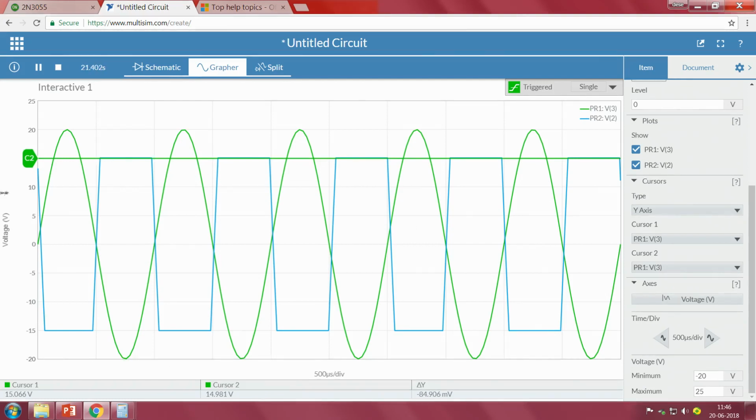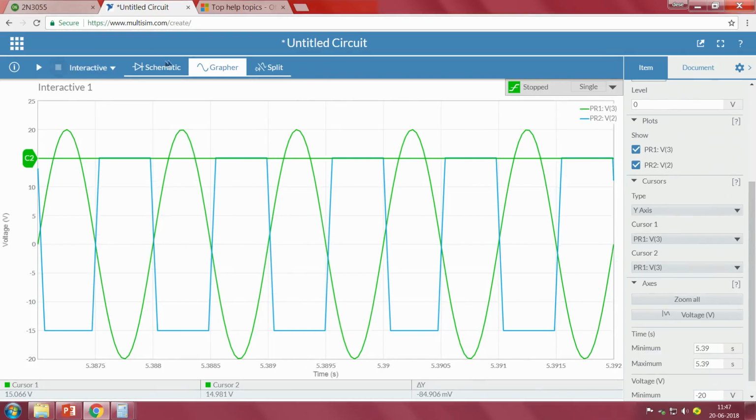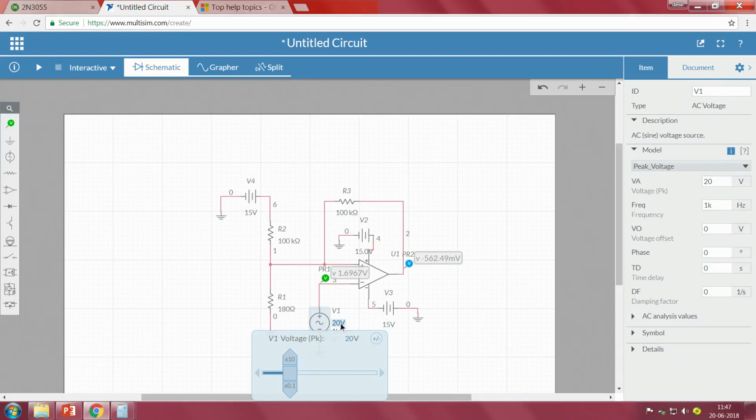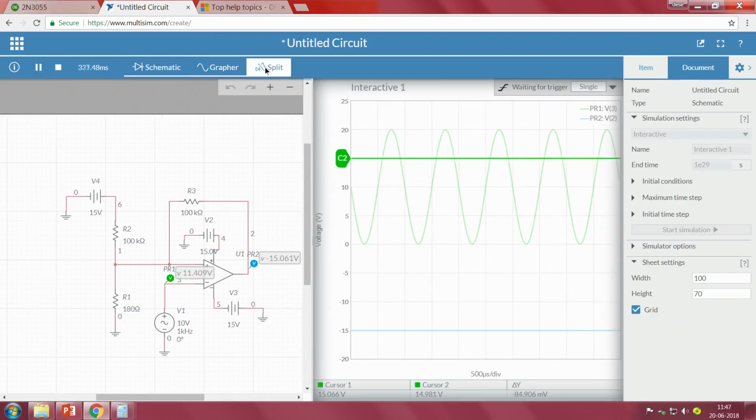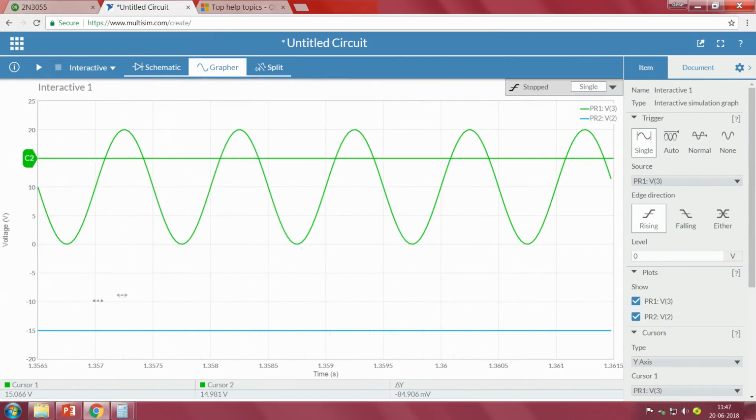Now, if the input is greater than this point, it is almost looking the same. So, what I will do is, rather than a peak value of 20, I will say an offset of 10, peak of 10. This is good for us.